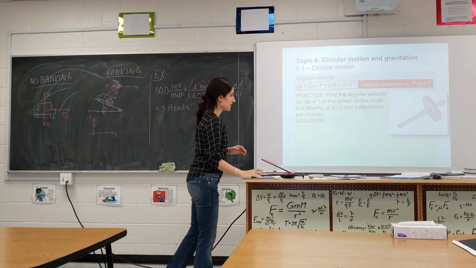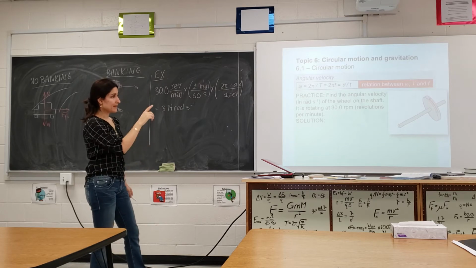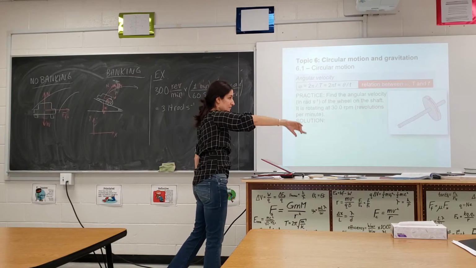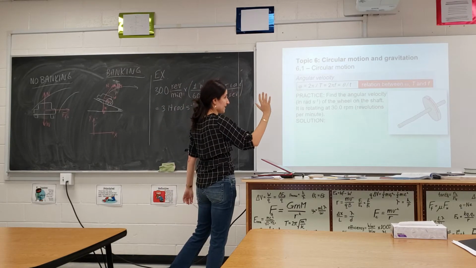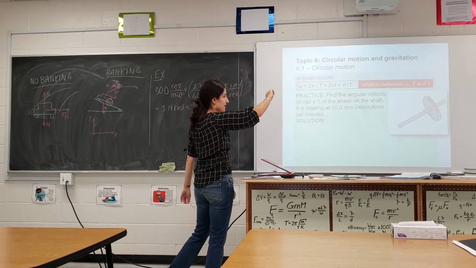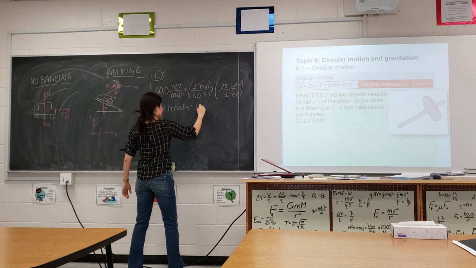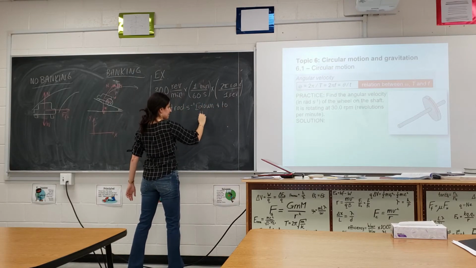Now, based on this picture, if we want to figure out the direction of the angular velocity, you see the direction it's rotating, it's going into the board at the top and it's coming out at the bottom. So using your right hand, if I curl my fingers in the direction of that velocity, my thumb is pointing down the shaft, so down and to the left of the shaft.